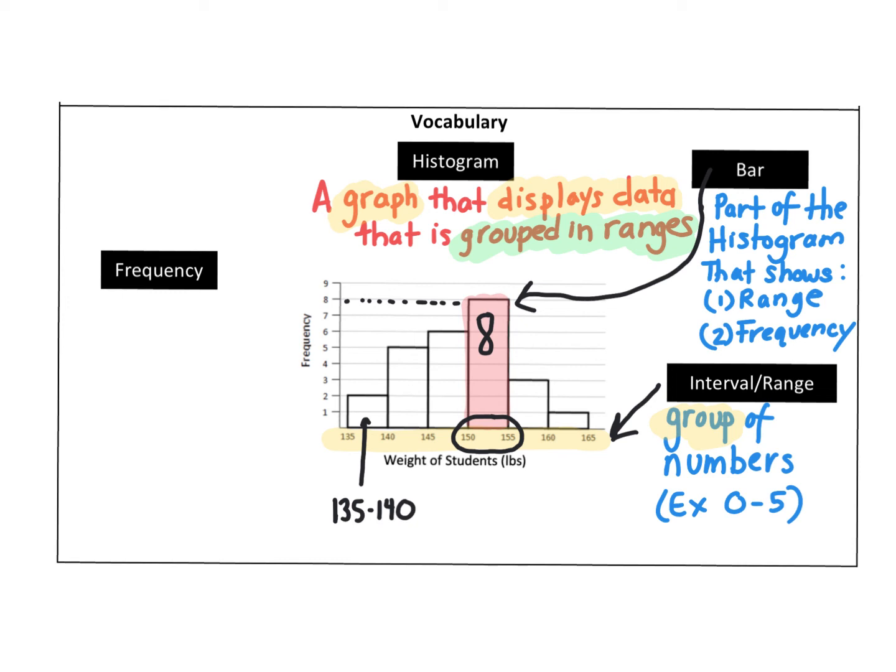So now you're probably wondering, well, Ms. Hernandez, what does frequency even mean? Well, that's an important question, so let's answer that next. That's our last vocabulary word. Frequency, you guys have heard this word before, how frequent or how often something occurs. So when we talk about frequency, we say how often something occurs or something happens.